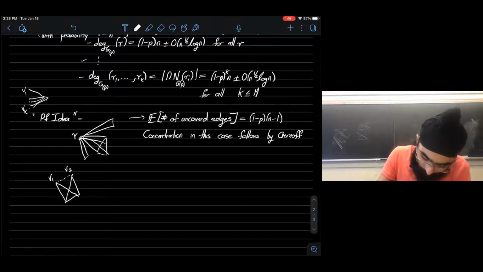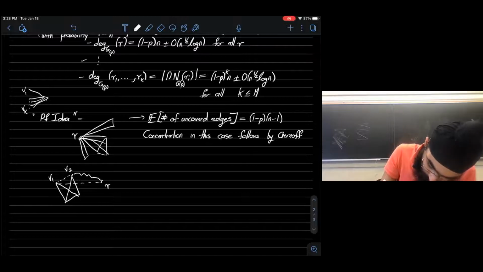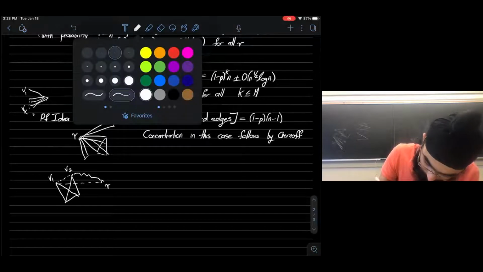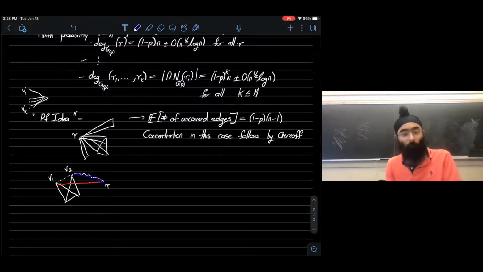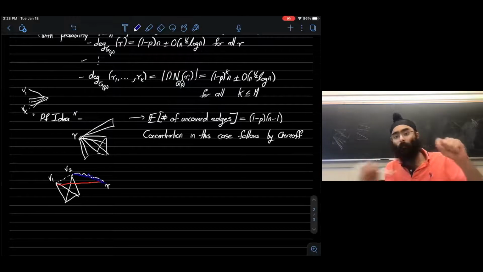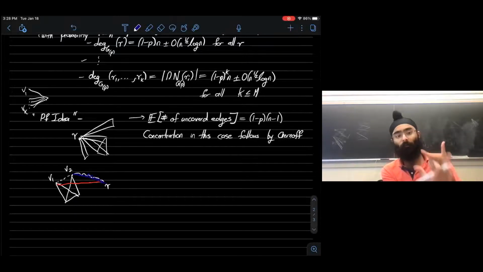So consider some vertex v here, this edge, and this. Let me use different colors: I have the red edge and the blue edge. Suppose they're not in the same clique. The probability that they're included in this randomly subsampled graph, they're independent.